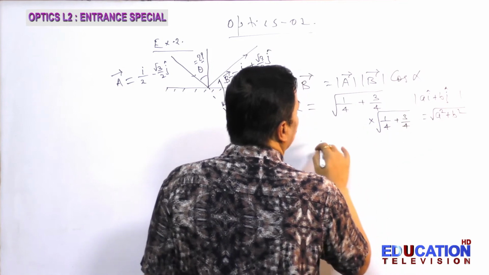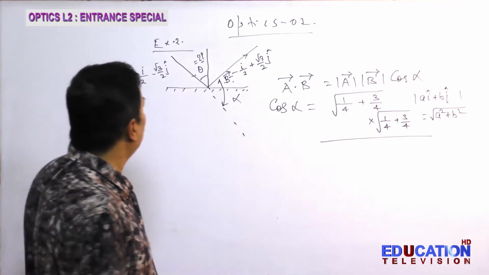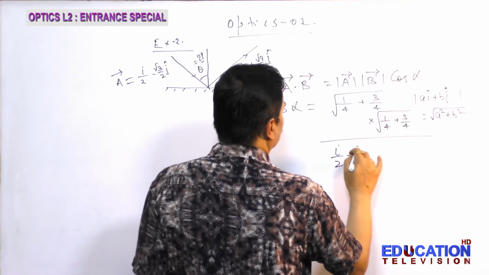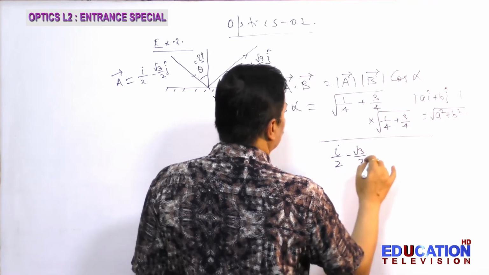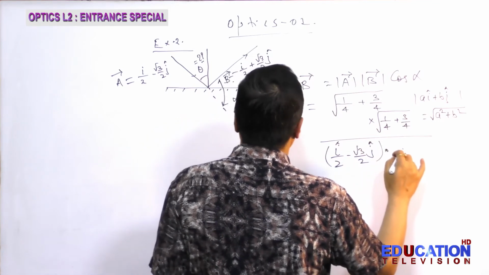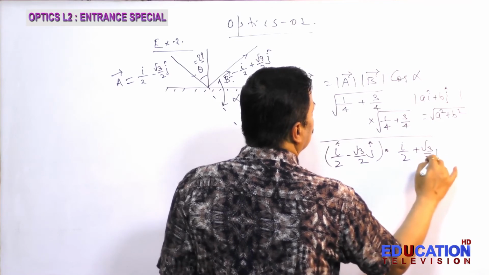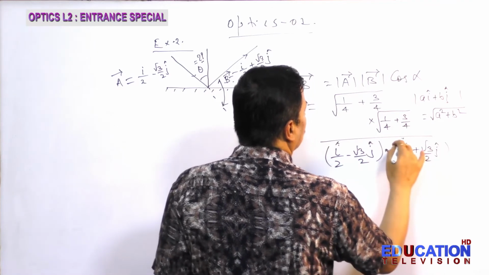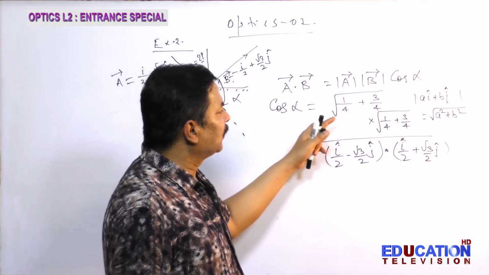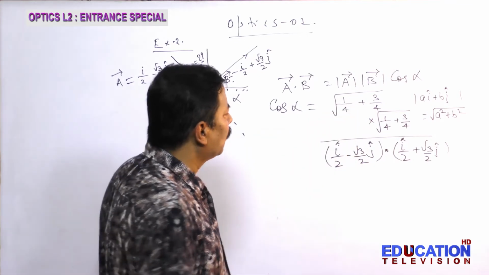And A dot B is i by 2 minus root 3 by 2 j dot i by 2 plus root 3 by 2 j.